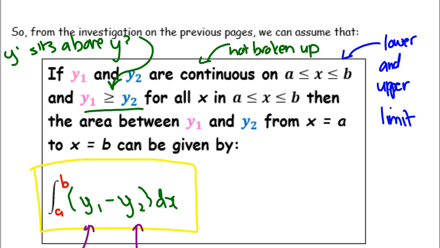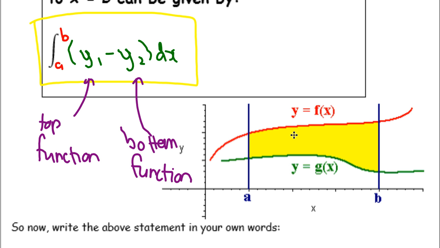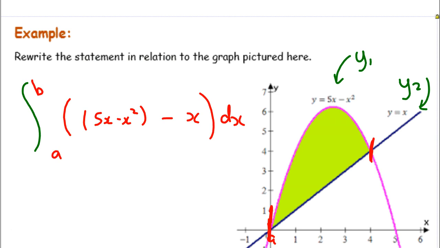That's kind of the overview. See, this one would be y1 because it sits above, and this one must be y2. When they give you the graph, it's easy to see. The pink one sits above, the blue one sits below.